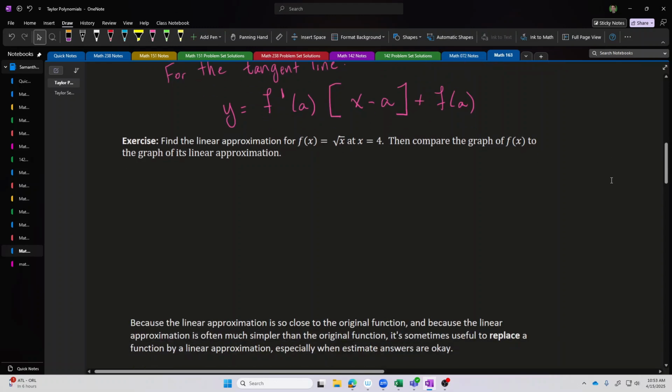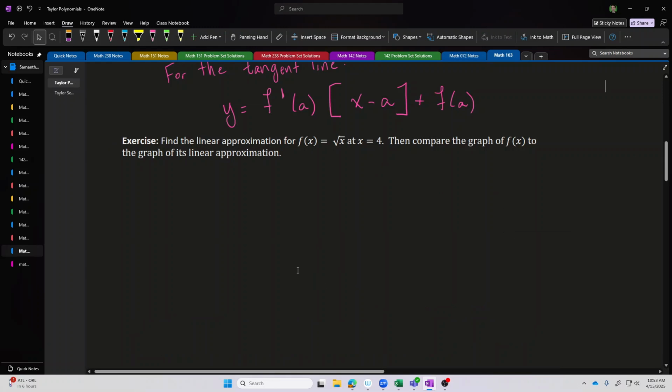Now let's go ahead and do a calculation of the linear approximation for a specific function at a specific x value. Here, for example, we are asked to find the linear approximation for f of x equals the square root of x, calculated at x equals 4 specifically.